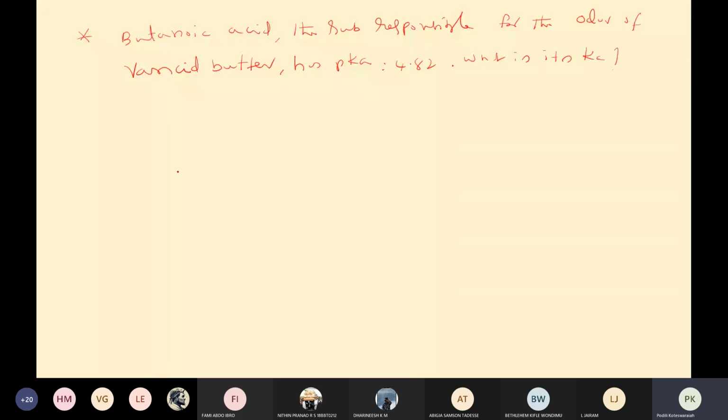We know that pKa is equal to minus log Ka. So now pKa is already given, that is 4.82, which is equal to minus log Ka. Using a calculator, you need to do this. So log Ka is equal to minus 4.82.